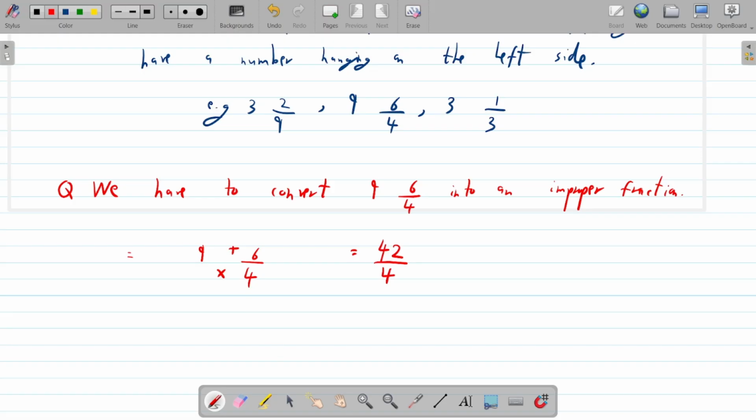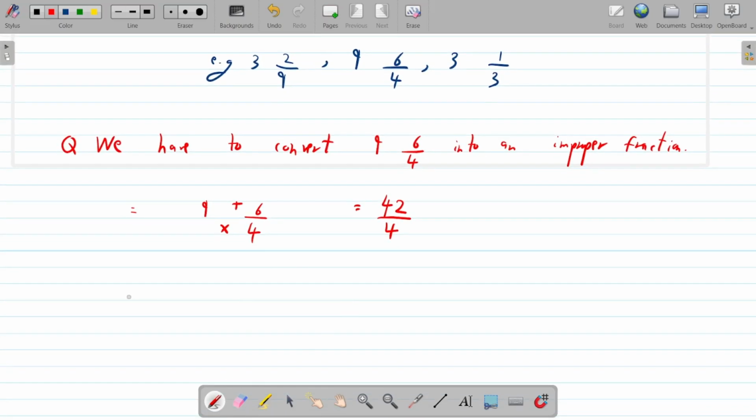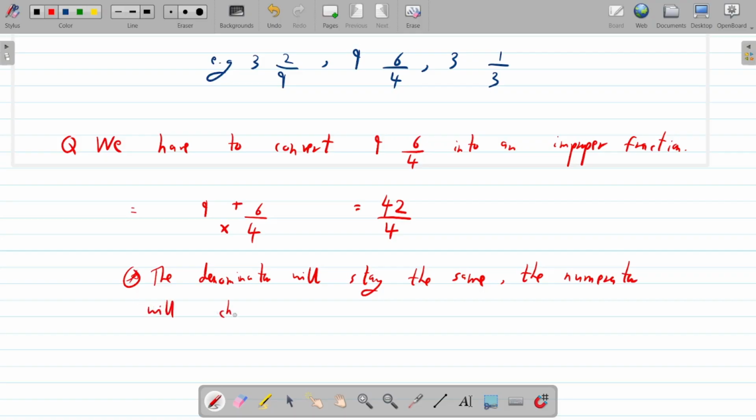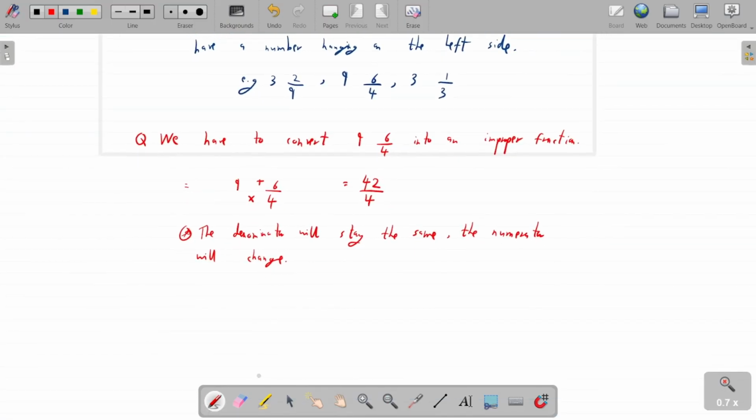Okay. Now, let me write something down. The denominator will stay the same. The numerator will change. Okay, I'll give you 2 questions here.